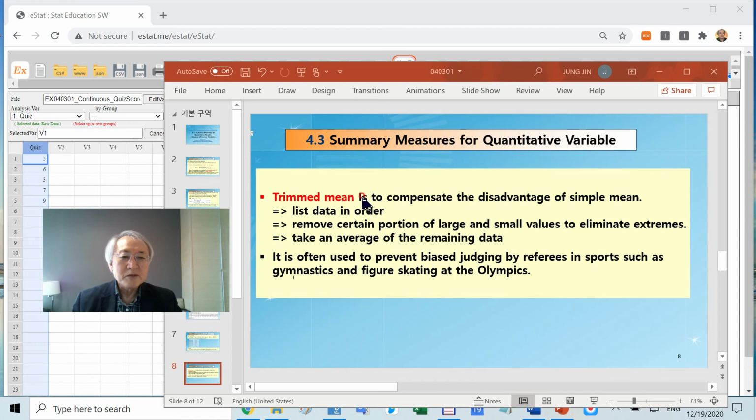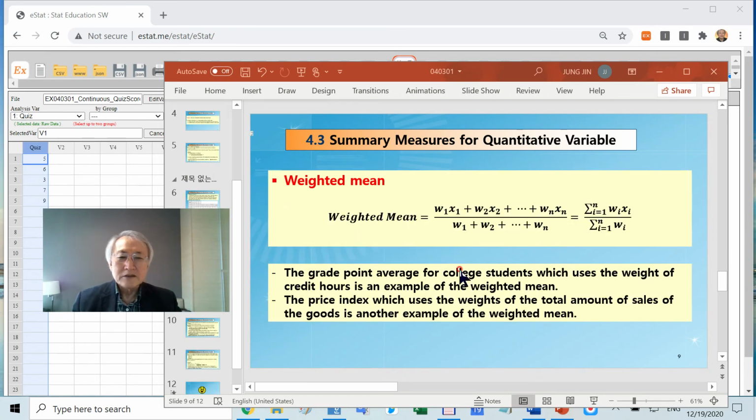That is the trimmed mean. It is often used in Olympic games like gymnastics and swimming, where the judges evaluate the player's performance. Okay, let's look at some examples later.